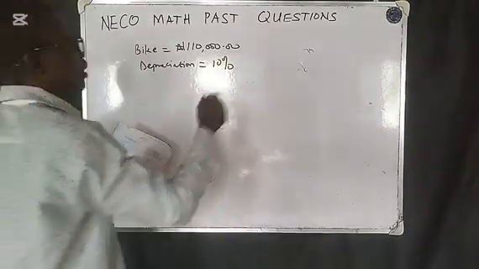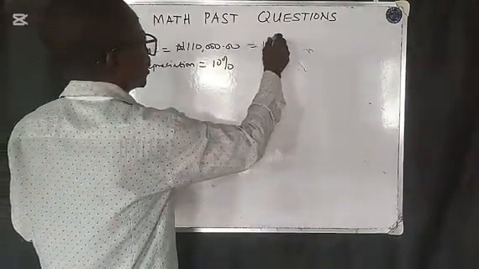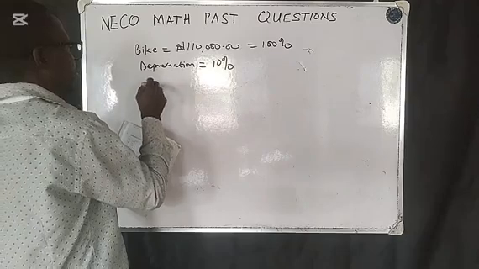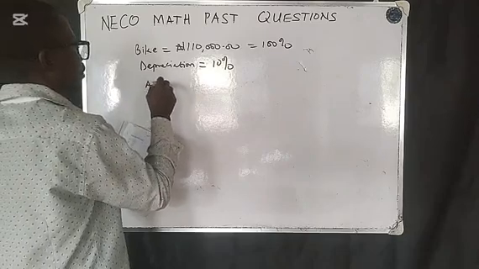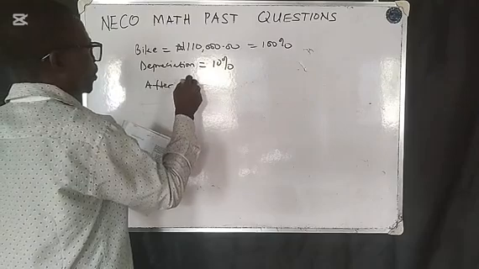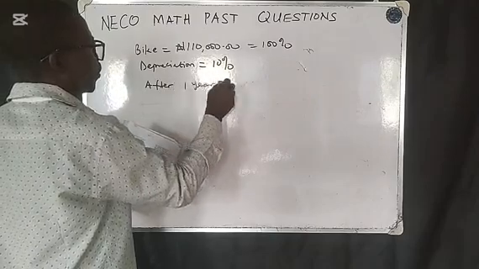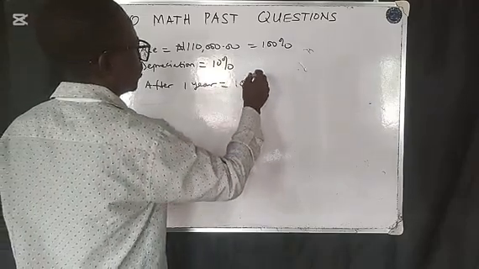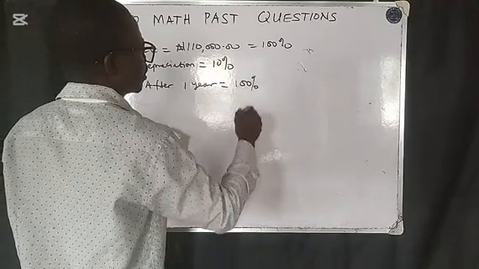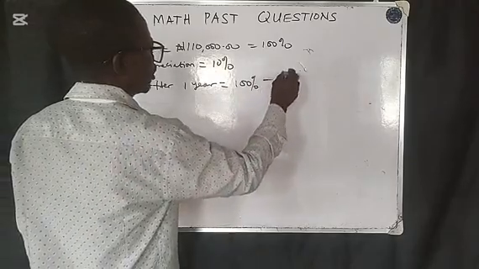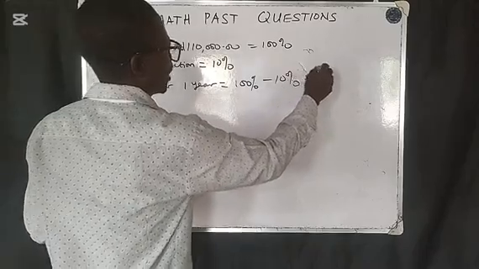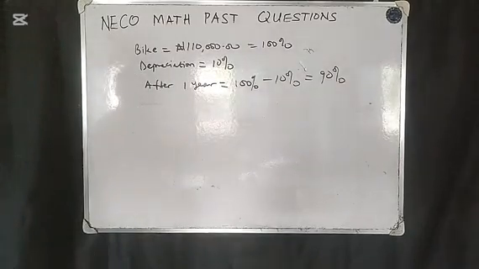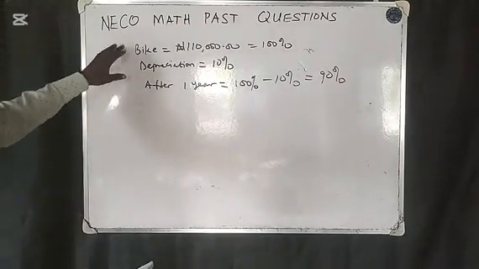So after 1 year, we are going to have 100% minus 10%. So we are going to have 90% remaining.